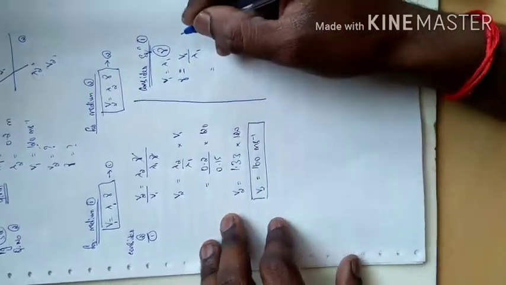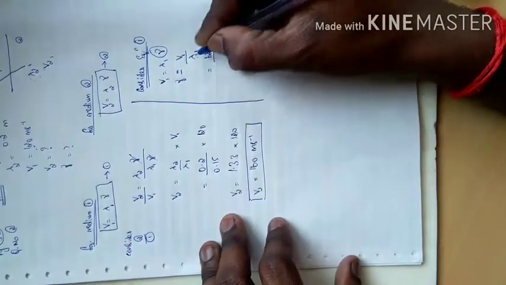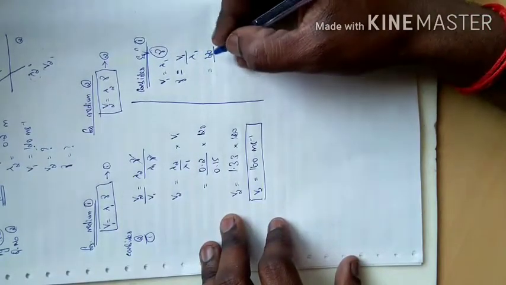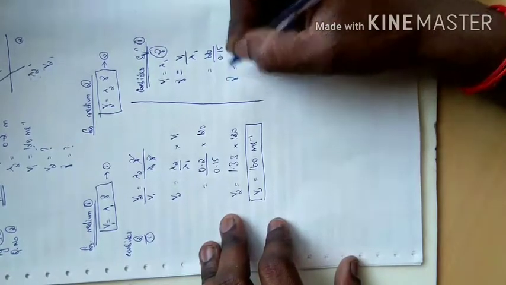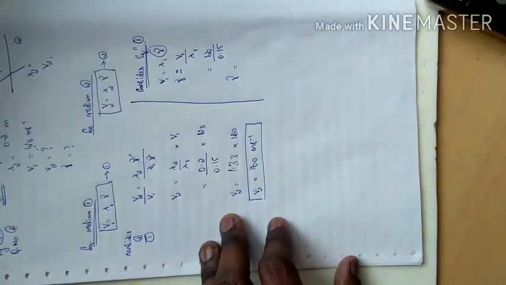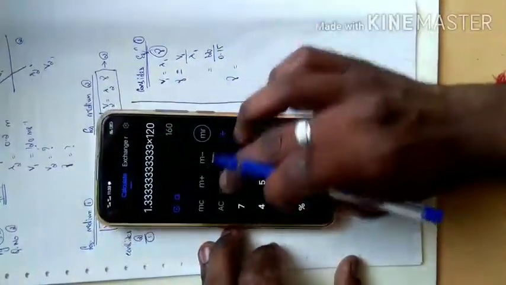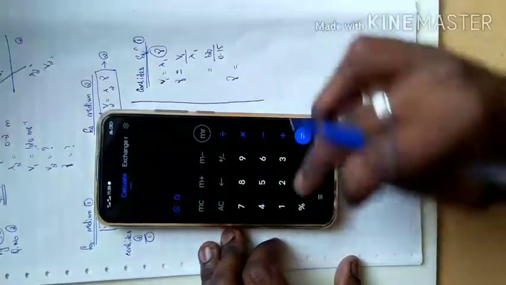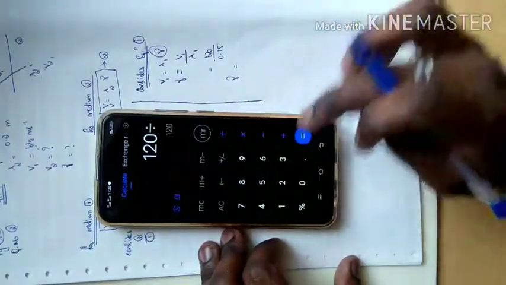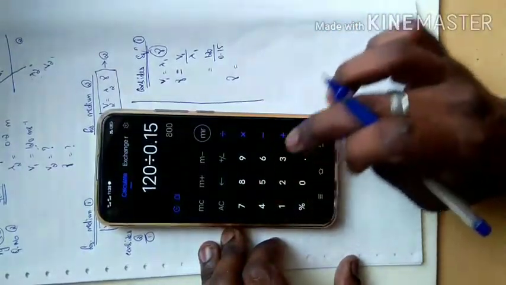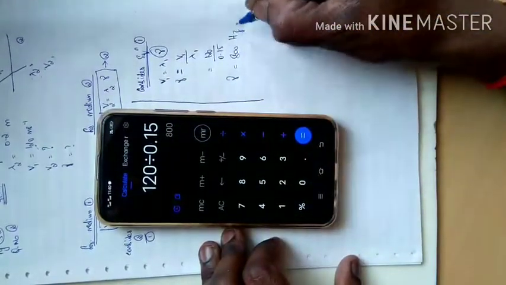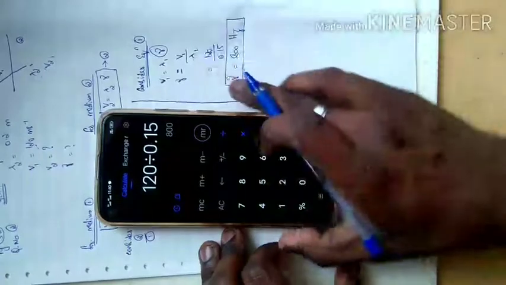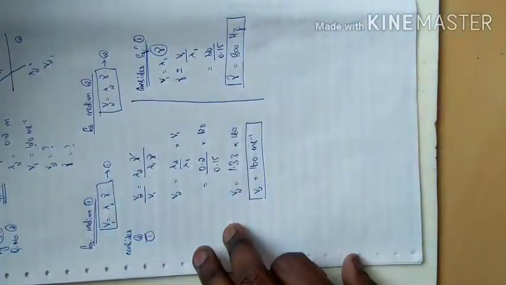V1 is 120 and lambda 1 is 0.15. So frequency is 120 divided by 0.15, and you will get 800. What is the unit of frequency? Hertz.